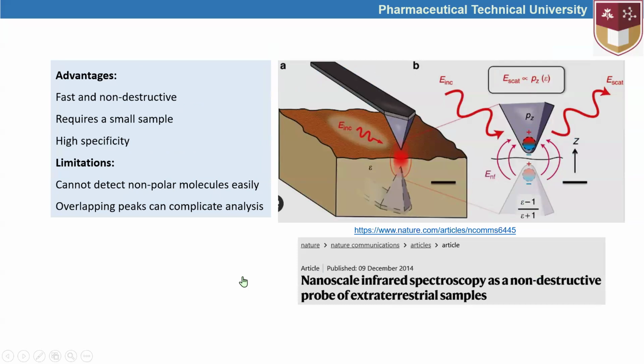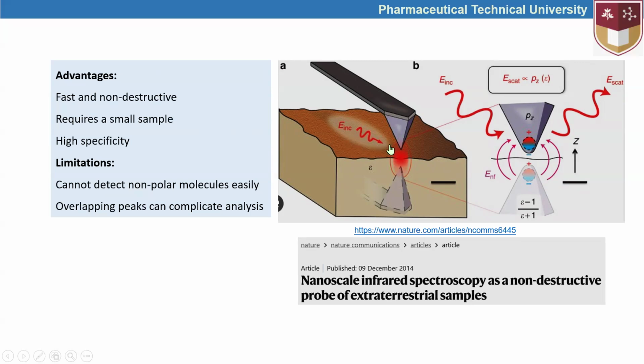And what we have to understand from this is that IR spectroscopy is non-destructive. We have talked in our previous lessons that UV can cause mutation, UV can cause the breakage of covalent bonds, and that's why UV can be considered a kind of destructive approach, but IR is a non-destructive approach.